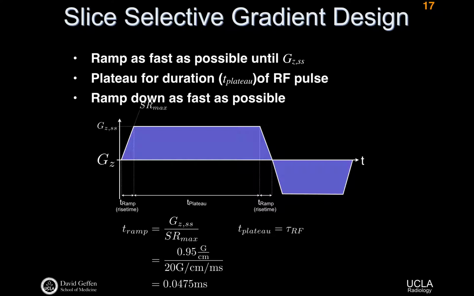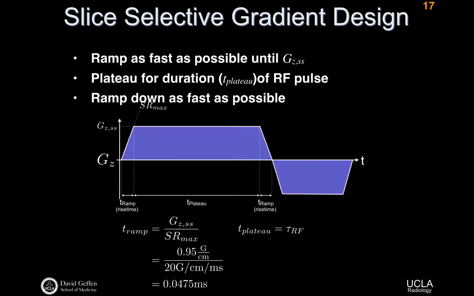And so just picking some typical examples here, we saw a second ago that we needed about a Gauss per centimeter as the gradient amplitude strength, and we're assuming a system here that has a slew rate performance of 20 Gauss per centimeter per millisecond. This is equivalent to 200 Tesla per meter per second, which is another unit that's used for describing the gradient strengths. And so what you see is actually the ramp time is pretty short, right? It's less than a millisecond, so 50 microseconds.